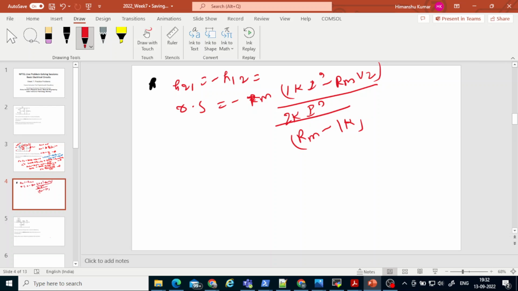Okay, so now this will go upside, so we can take this term to the right hand side, so this will be equal to 0.5 times, 0.5 multiplied by 2 will become 1, so I dash by Rm minus 1k will be equal to I dash minus Rm multiplied by V2.